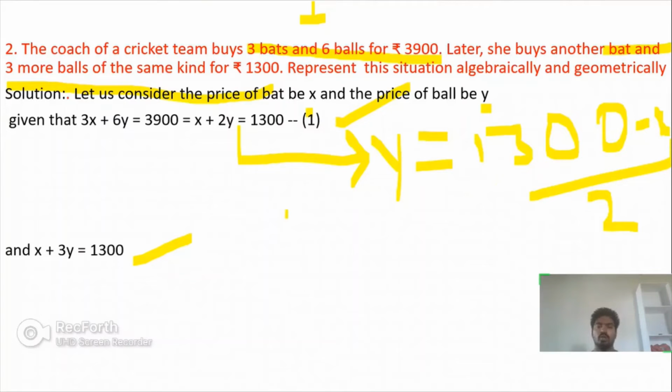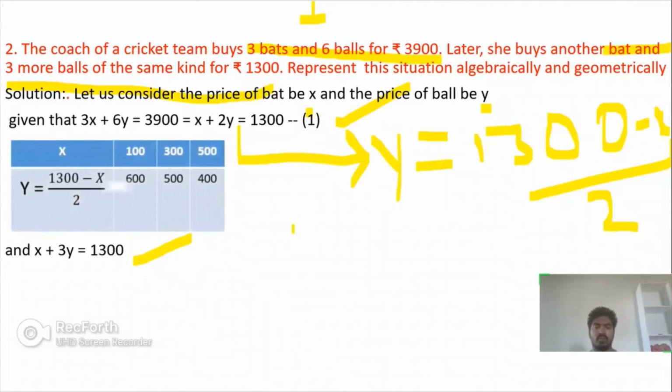Okay, so we want to form a table and see the corresponding value of y for the x we have taken. Now if I take x equal to 100 and substitute in y equals (1300 minus x) by 2, then I get 1300 minus 100, that is 1200 by 2, which is equal to 600.